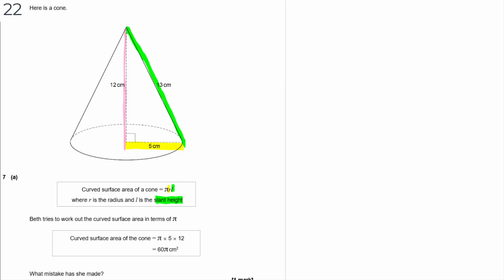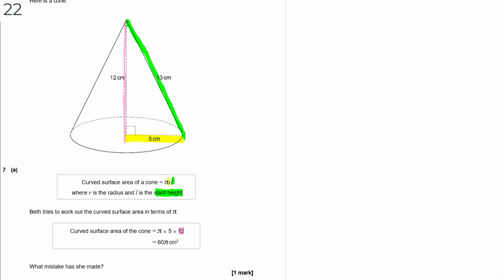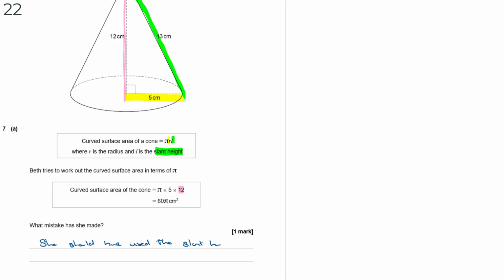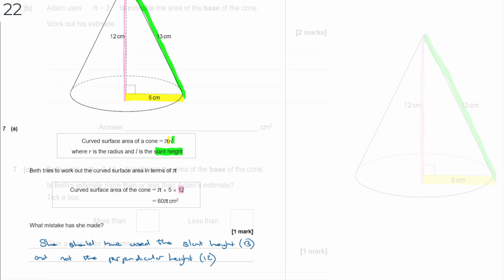So she has used the perpendicular height when she's meant to use the slant height. So I've written she should have used the slant height 13 and not the perpendicular height 12.